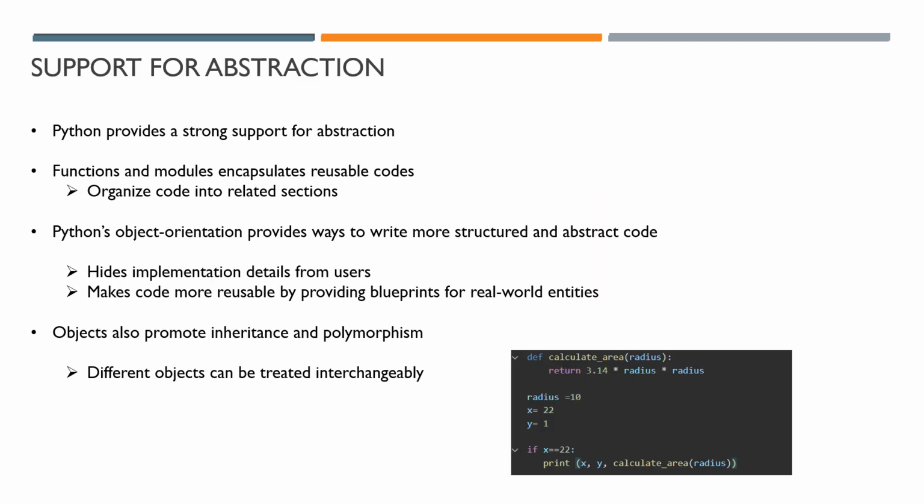Next, we're going to talk about the support for abstraction. So Python provides strong support for abstraction. Functions and modules encapsulate reusable code and organize code into related sections. Python object orientation provides ways to write more structured and abstract code.